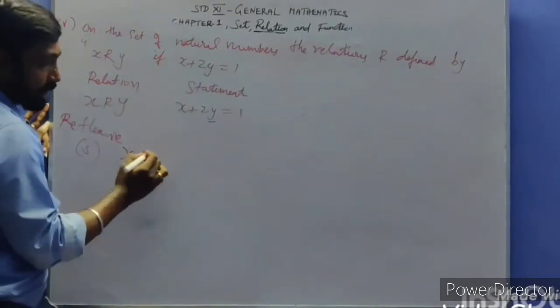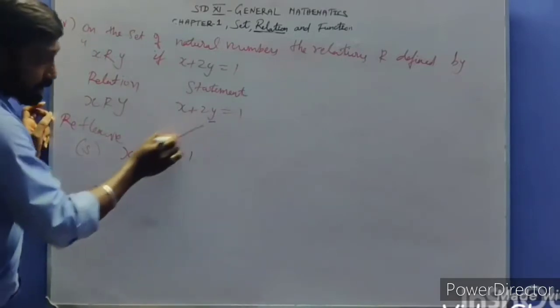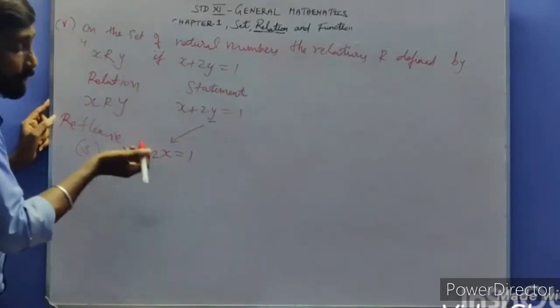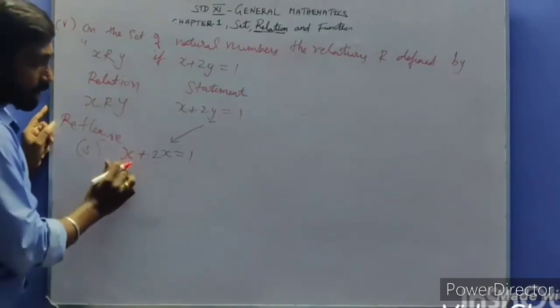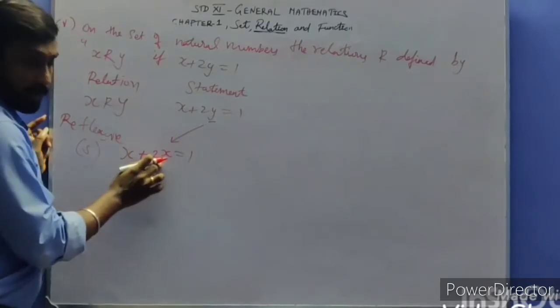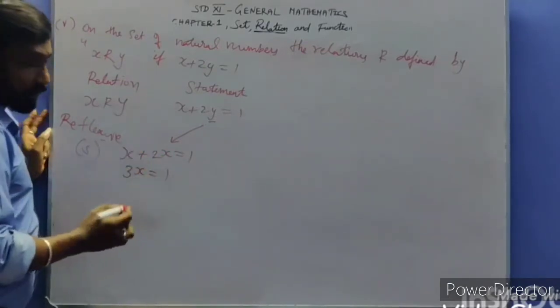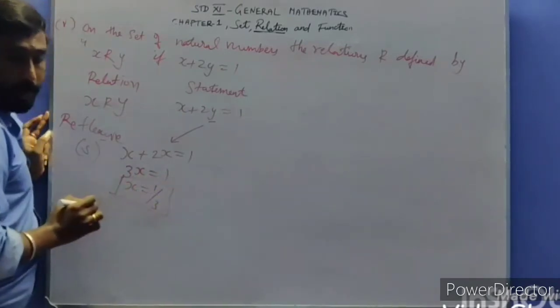Then you have to write x plus 2x equal to 1. So listen here, you are changing y equal to x because reflexive means itself. Then x plus 2x means 3x, so 3x equal to 1. Then x is equal to 1 by 3.